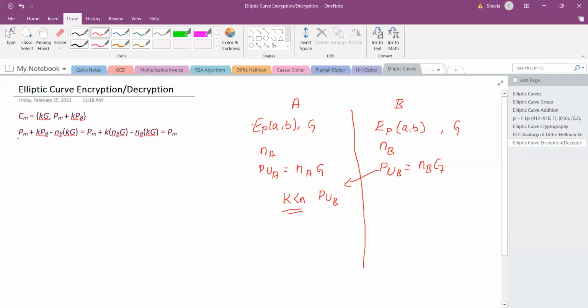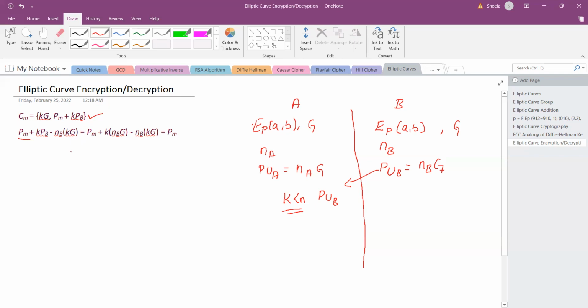The plain text is mapped to points on the elliptic curve. Once the plain text becomes points on the elliptic curve, we can obtain the ciphertext using this expression.